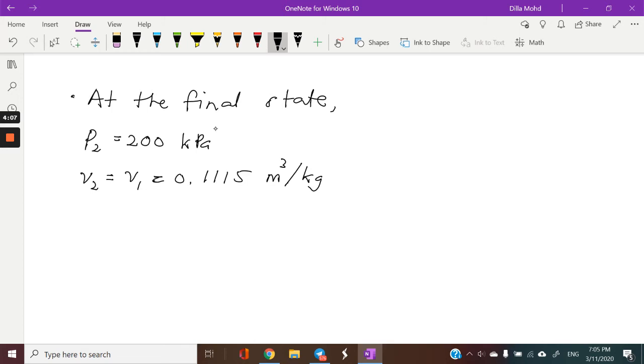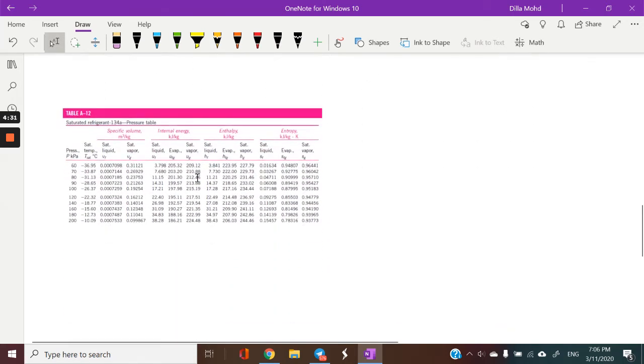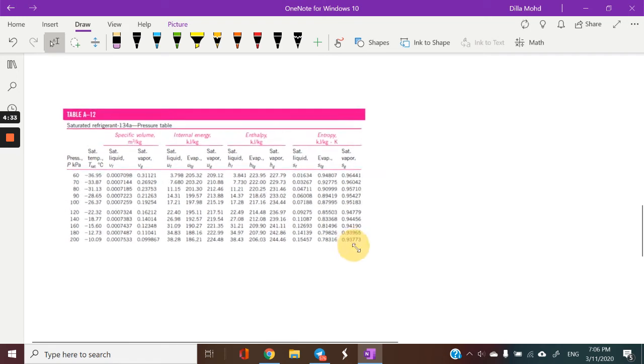So you go to table A12 to get other properties. At P equals 200 kPa, what can we say about the phase of our final state? Let's go to table A12. I'm going to make it a little bit bigger.